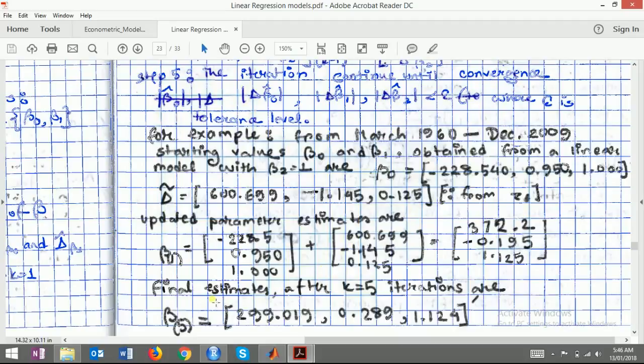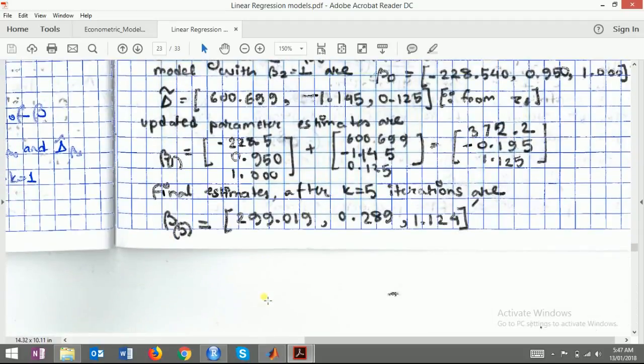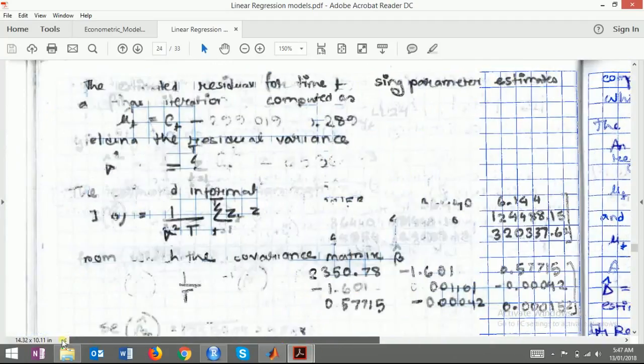The obtained vector for beta is this. With all these, delta hat is estimated from zt and the updated parameter is this. The final estimate after k equals 5 iterations is beta 5, achieved after 5 iterations.